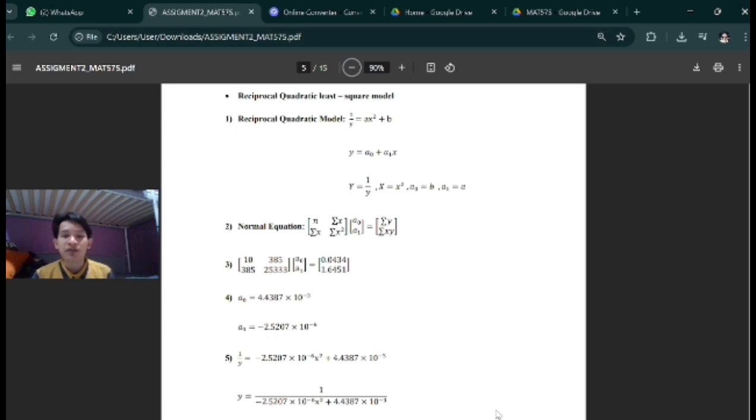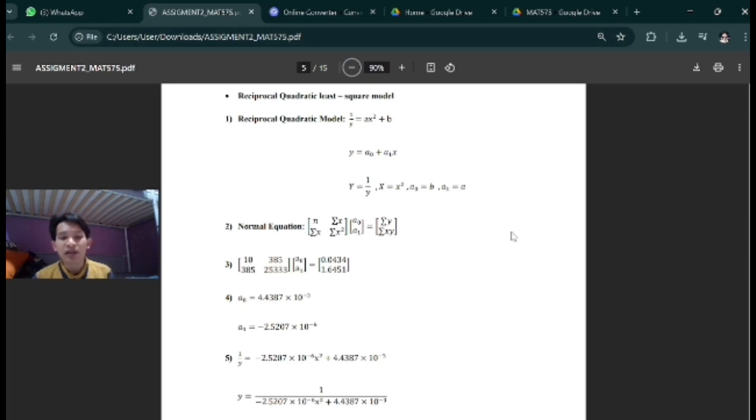Next, using the normal equation shown in the number 2 matrix, we use the calculator to calculate, same as for the number 3. Next we get a0 as 4.4387 times 10 to the power of negative 3, and a1 as negative 2.5207 times 10 to the power of negative 6.